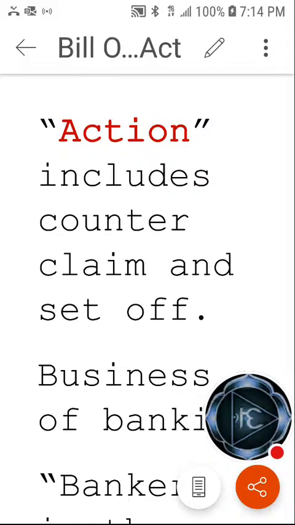What is a set off of a claim? A set off of a claim is when somebody says you did them some harm, and then you say, well, you did me some harm. Set that shit off. We equal, you know. Nobody owed nobody nothing.